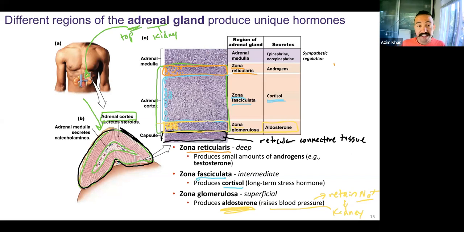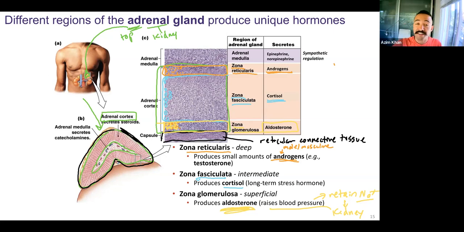Zona reticularis has cells that produce hormones called androgens. Androgens, the word andro means male or masculine. Androgens are hormones that generate masculine, male-ish traits.